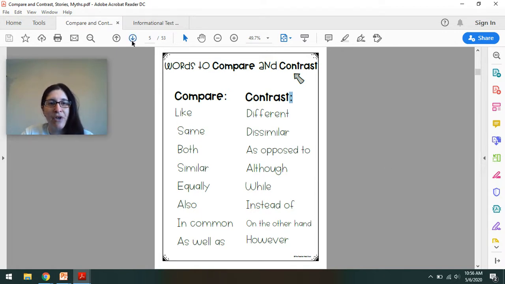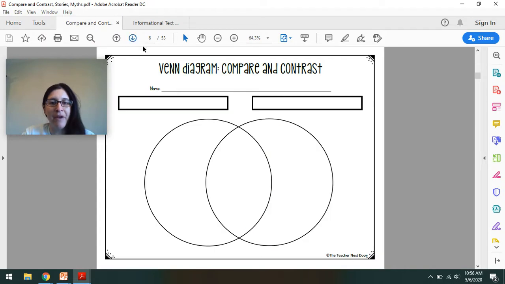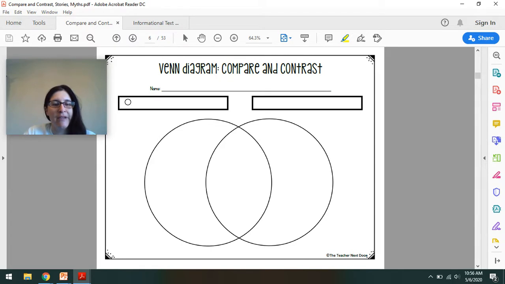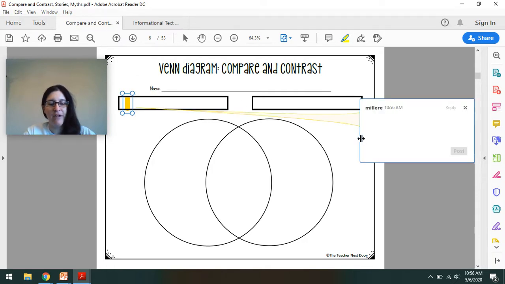Now, we have talked in the past about using Venn diagrams to help us compare and contrast. So here, I could type, this is going to be kind of hard, but I could type here frogs.